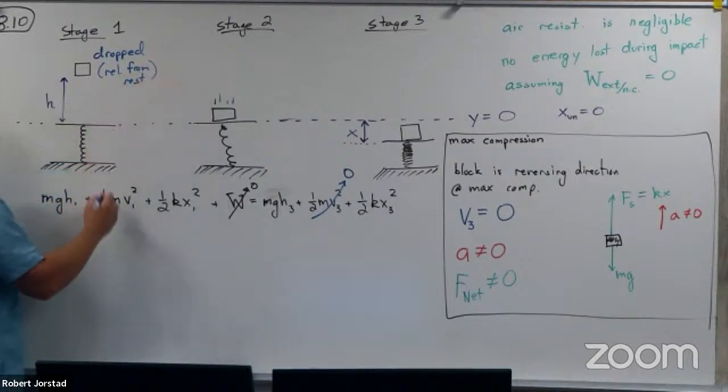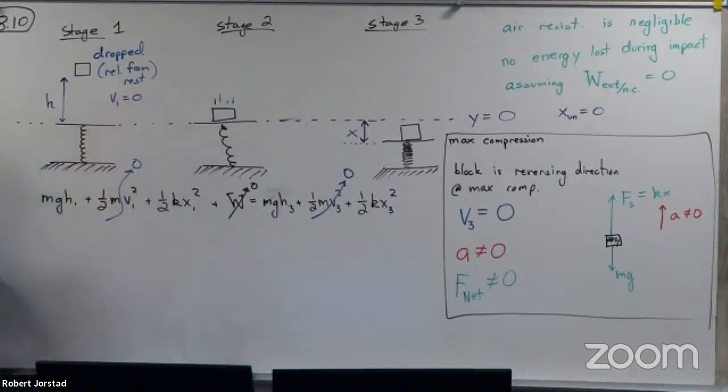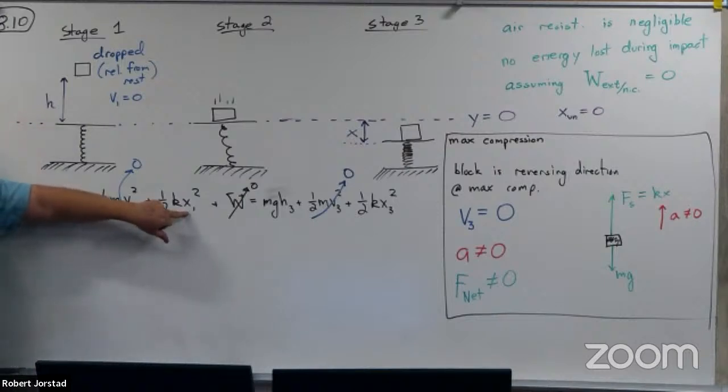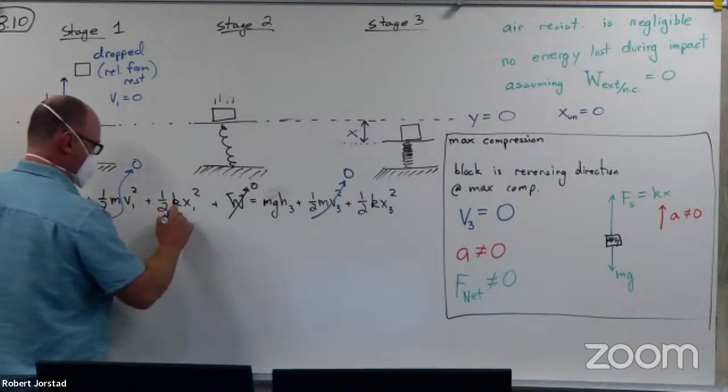Excellent. What else? X1, do you agree the spring is not yet engaged? So the spring is still unstretched? Remember, x here is not the length of the spring. It's the amount the spring has been squished. So it hasn't been squished yet or stretched.